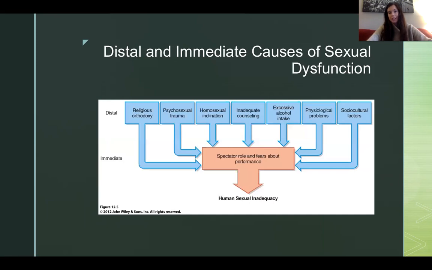Inadequate counseling, and I think that has to do with maybe a lack of understanding of certain sexual concerns or issues. Alcohol can contribute to issues. And, obviously, physiological, we talked about the biological problems and maybe a physical medical issue that can contribute, and sociocultural factors.